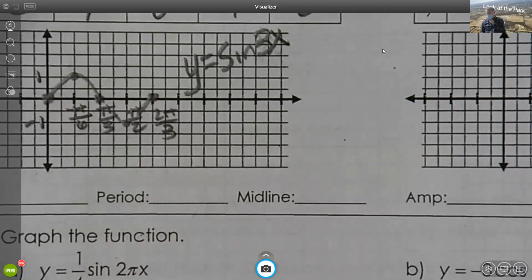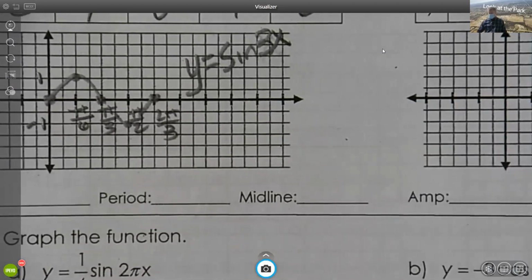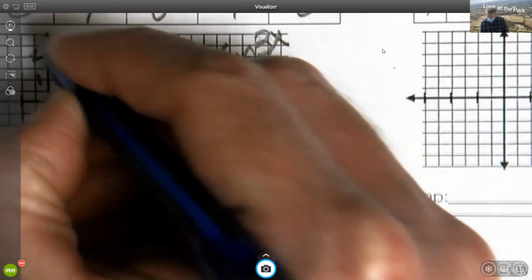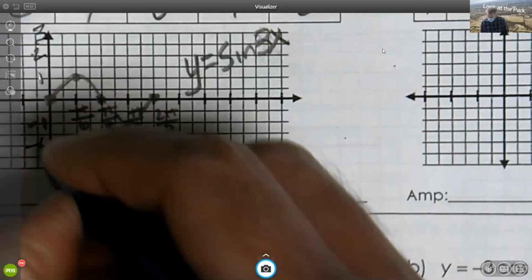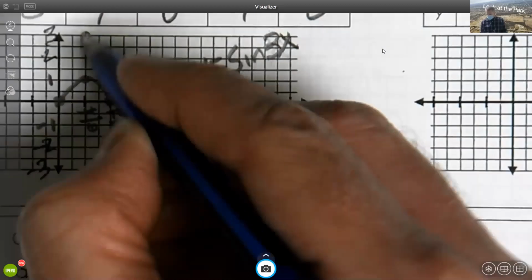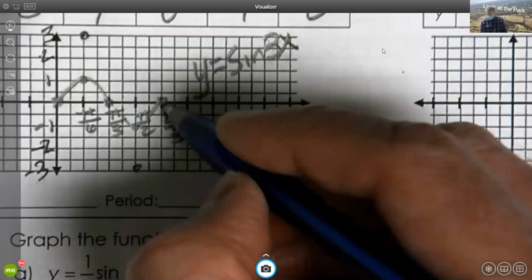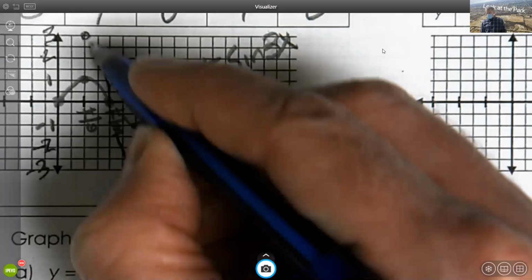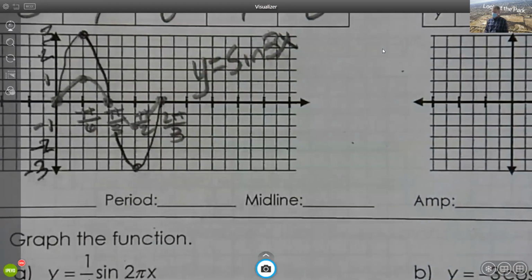The amplitude is a 3. So now our graph is going to go all the way up to 3 and all the way down to -3. You want to try to make those rounded.